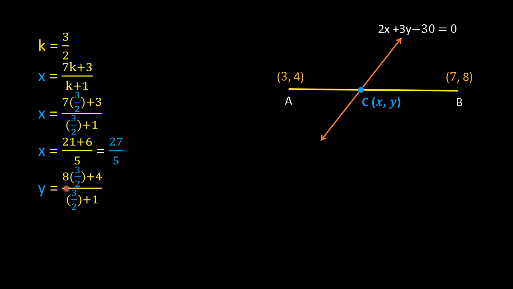The y coordinate will be 8 times 3 by 2, which is k, plus 4 divided by 3 by 2 plus 1. It will be 8 3s are 24, 4 2s are 8, 24 plus 8, and 3 plus 2, that is 5. So it will be 32 by 5. So the y coordinate is 32 by 5. Therefore, the point C will be (27 by 5, 32 by 5).